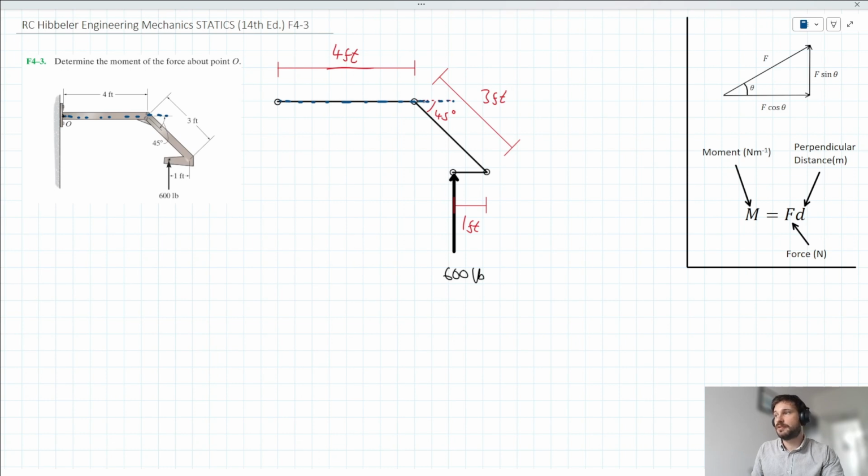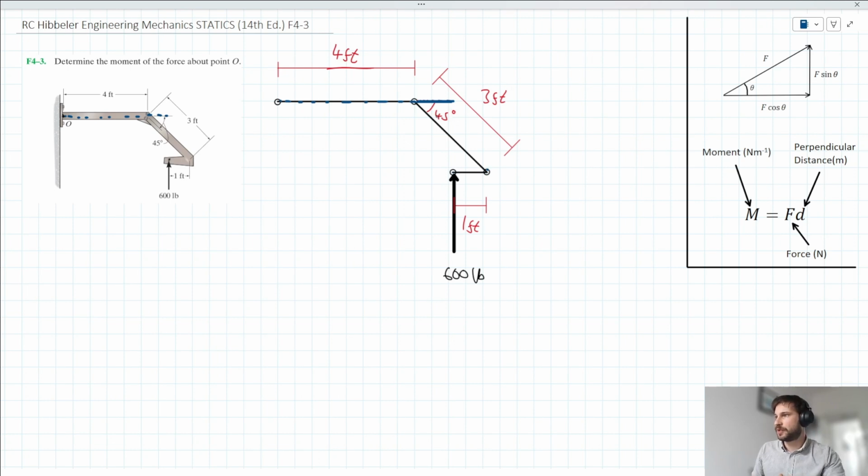And so we're even more interested in this length here, right? So to determine this length, we note that from this point here, we have a 3-foot length acting 45 degrees to the horizontal and downwards to this point here. And then we have a 1-foot length acting to the left.